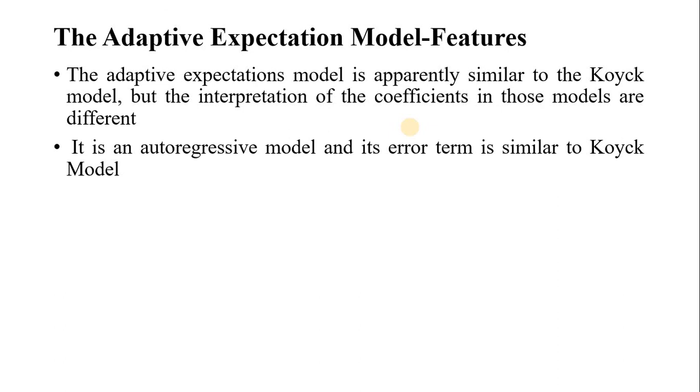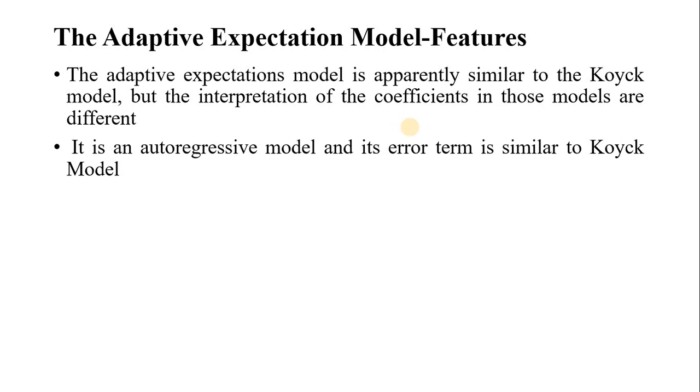And if you compare both models, you can see that both models are autoregressive models. When we started the model, it was a distributed lag model, but when we derive the final equation, it is becoming an autoregressive model, and both models are looking like the same.